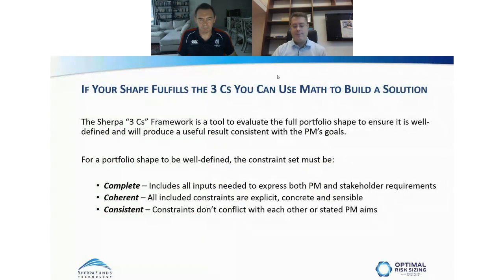In Sherpa terminology, what we call our 3Cs framework, a shape needs to be complete, coherent, and consistent. If the shape meets the 3Cs, if you understand your alpha, you've defined a portfolio that meets the criteria that you want for the organization, you can use these 3Cs to assess whether your shape is really fully defined.